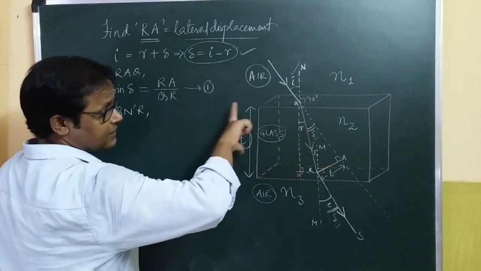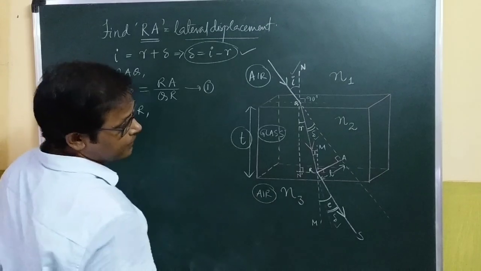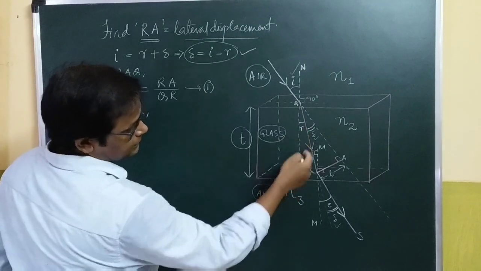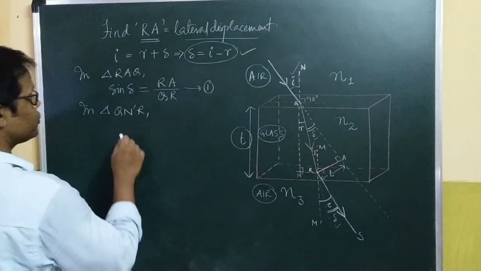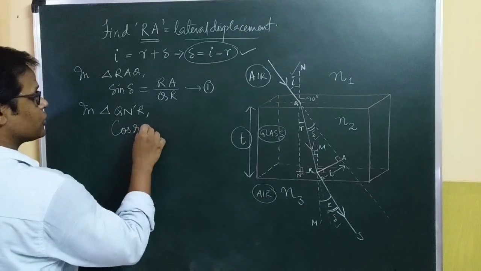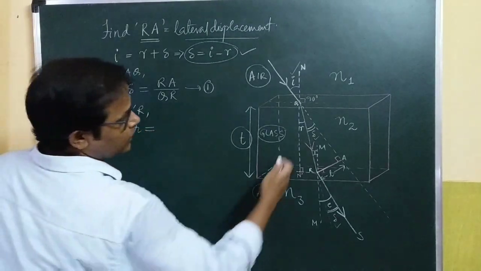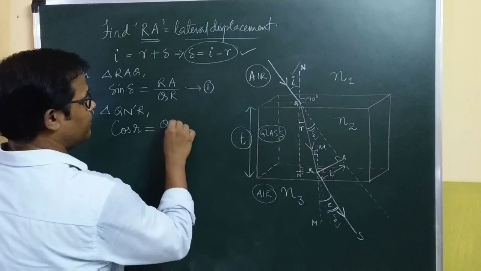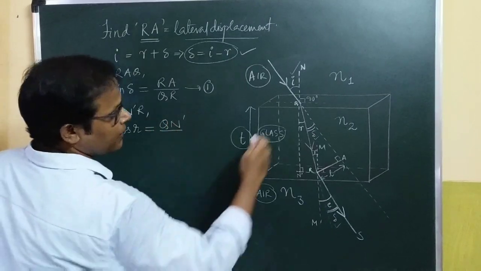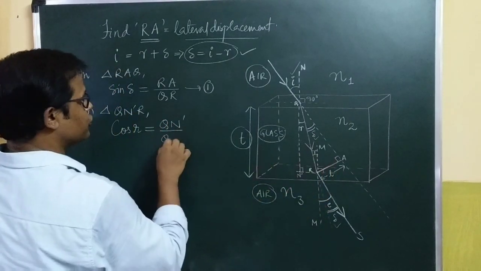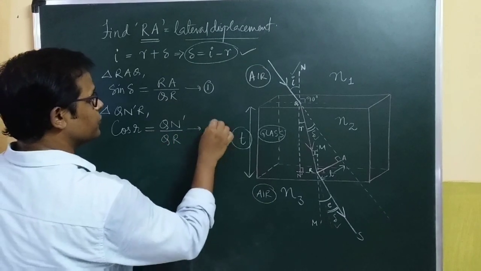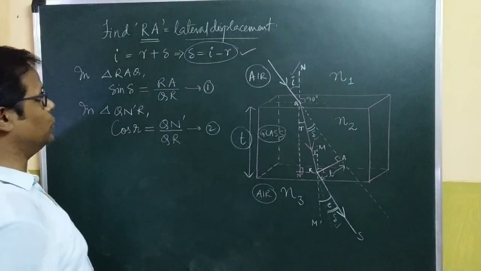This is my thickness, the thickness of the glass slab. So this is your angle, so it will be base by hypotenuse. So better to take cosine of R. So you will get Q and prime by the hypotenuse, that is QR. So this is your equation number 2.